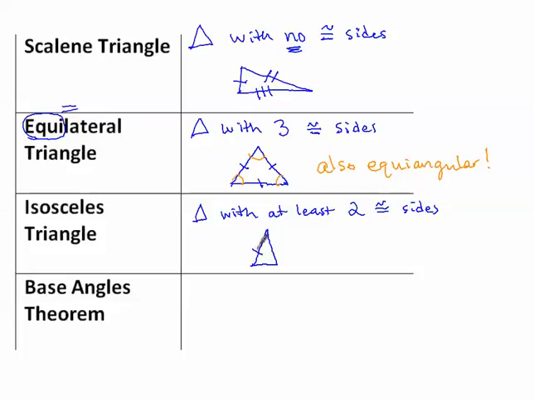So we'll draw a picture where these sides look congruent. Remember, the base angles theorem tells us that if two sides are congruent, the base angles are also congruent.